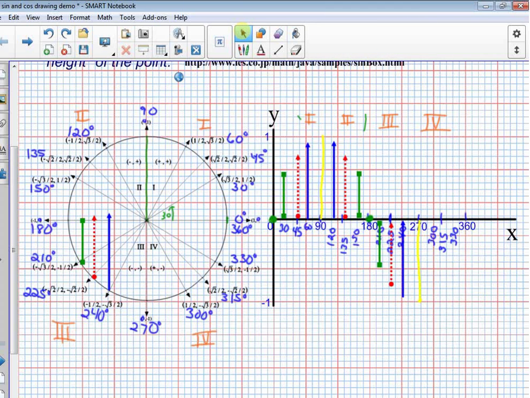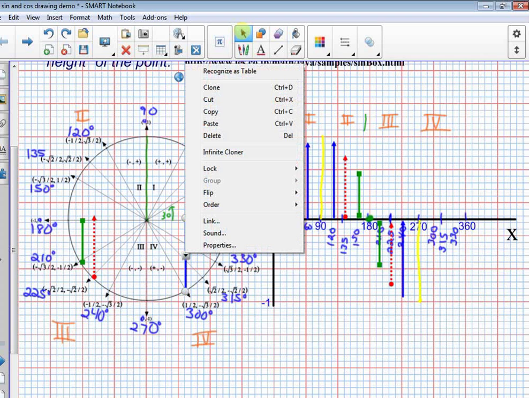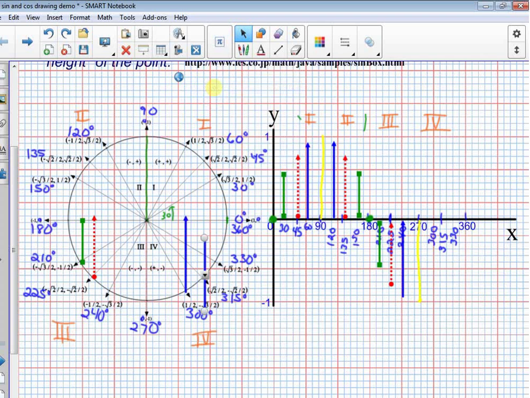All right, and then we'll just continue the same thing for 270. We did that one. Now for 300, that should represent a blue distance. So clone it there and draw that in at 300.